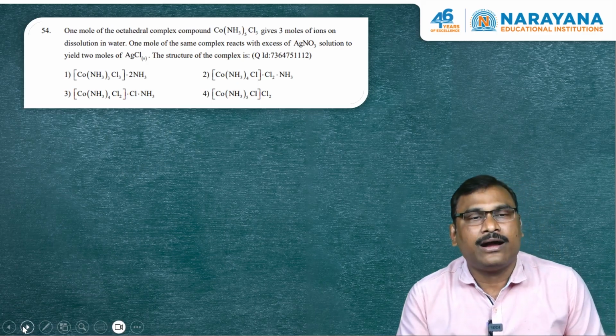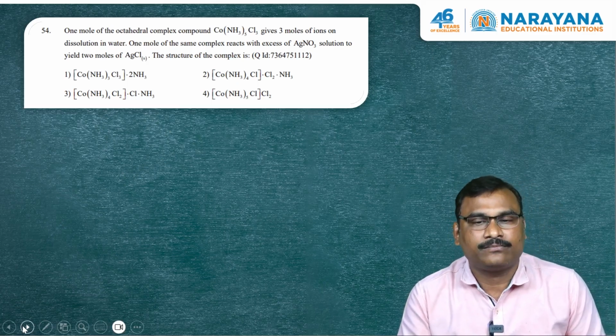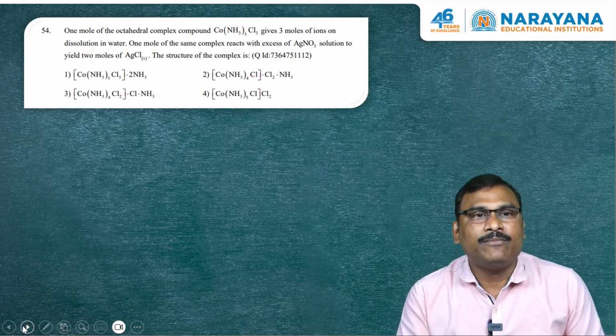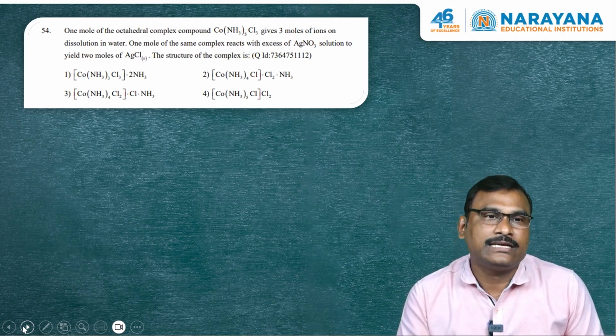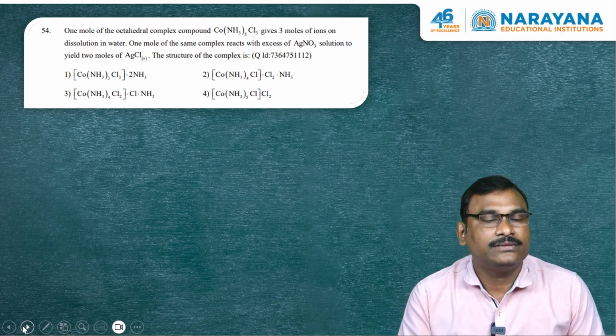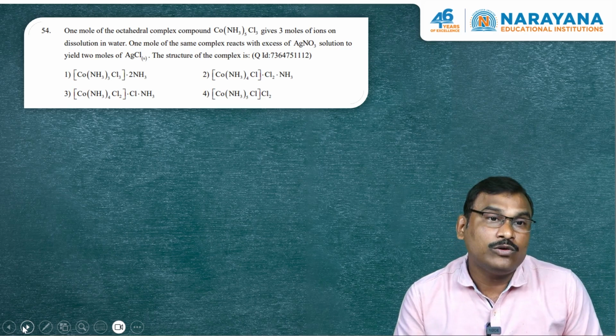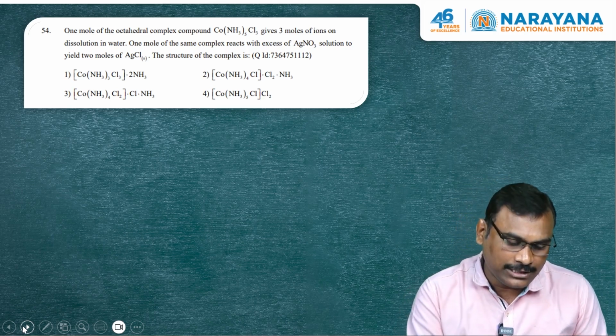1 mole of octahedral complex compound CoCl3 with NH3 gives 3 moles of ions on dissolution in water. Statement 1: 1 mole of the same complex reacts with excess of AgNO3 solution to yield 2 moles of AgCl. These are the two clues.